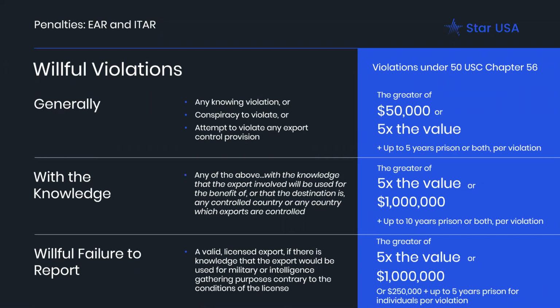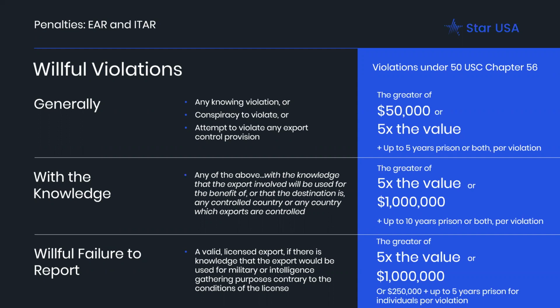Those counts can increase dramatically. If you do any of those violations, those willful violations, with the knowledge that the export will be used for the benefit of, or that the destination is a controlled country or any country to which exports are controlled, then you have $1 million or 5 times the value of the transaction, plus up to 10 years in prison.